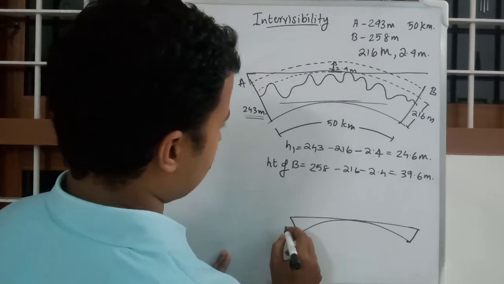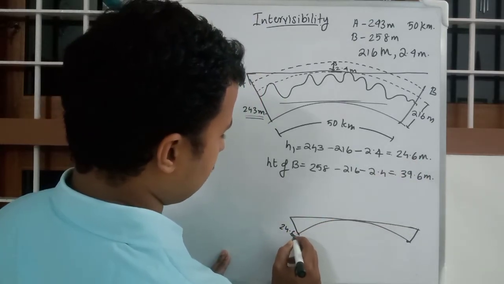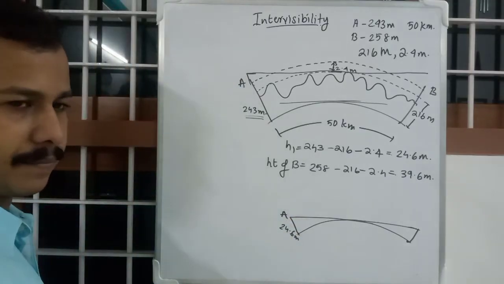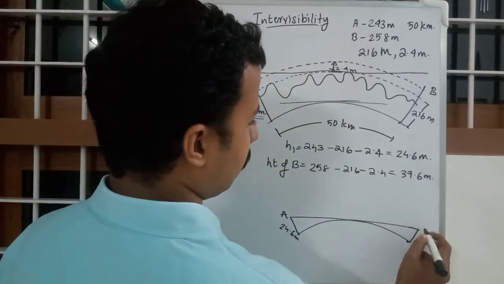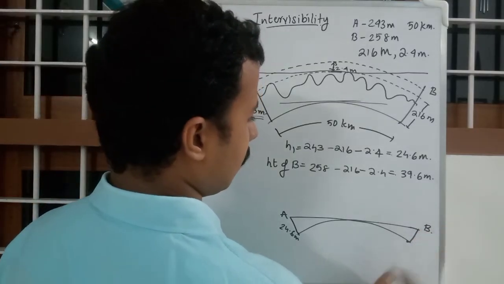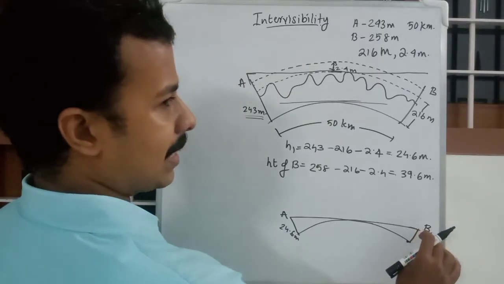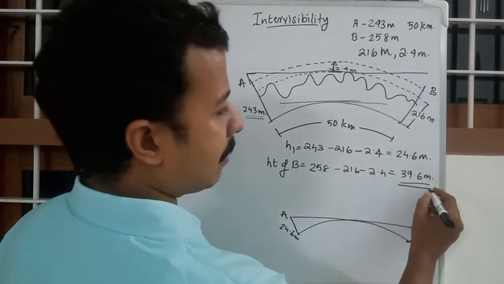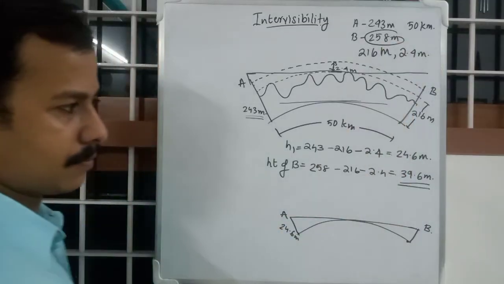This distance will be 24.6 meters and this is A, and this will be somewhere B. As we did last time, we will be comparing with 39.6, not with this value.